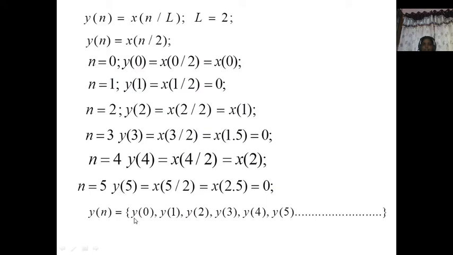Y of n equal to y of 0, y of 1, y of 2, y of 3, y of 4, y of 5. Now y of n in terms of the x sequence: y of 0 equal to x of 0, y of 1 equal to 0, we are substituting here. Then y of 2 equal to x of 1.